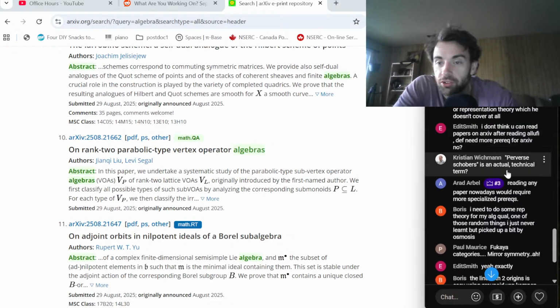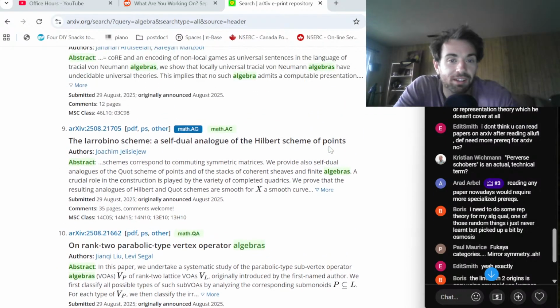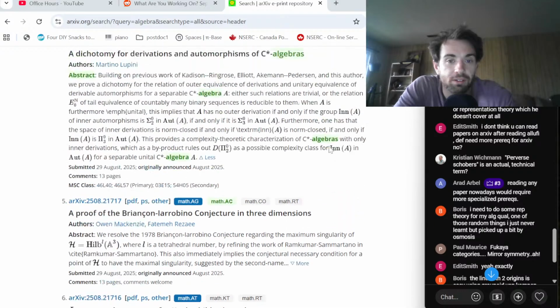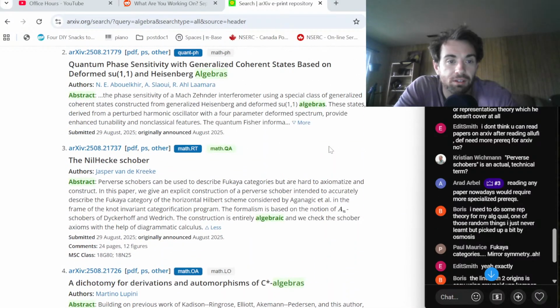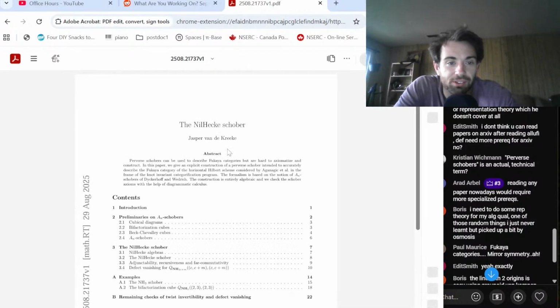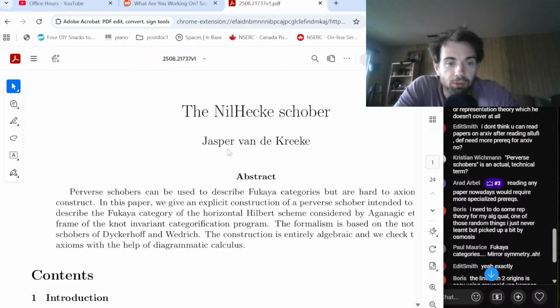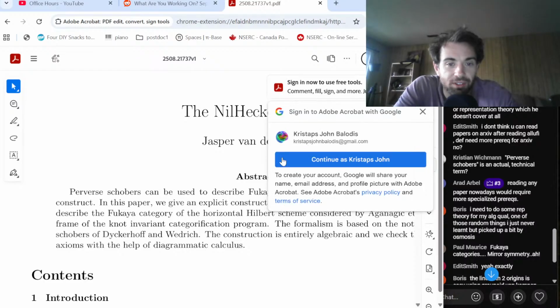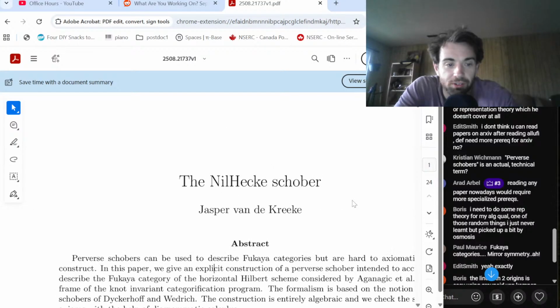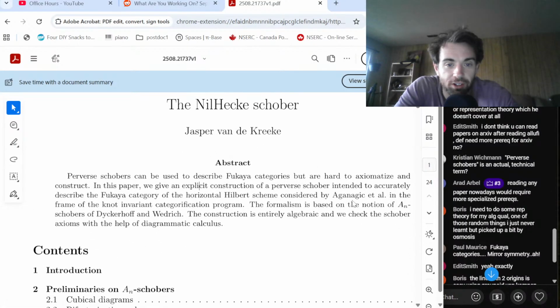perverse Schobers is an actual technical term. Yeah, I guess so. Where was it? That was up at the top, right? The Nil Hecke Schober. Yeah, let's figure. I'm curious. Perverse Schobers can be used to describe Fukaya categories, but are hard to axiomatize and construct.